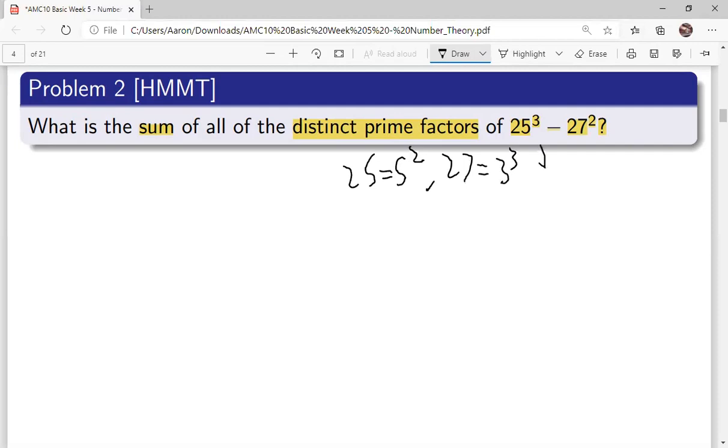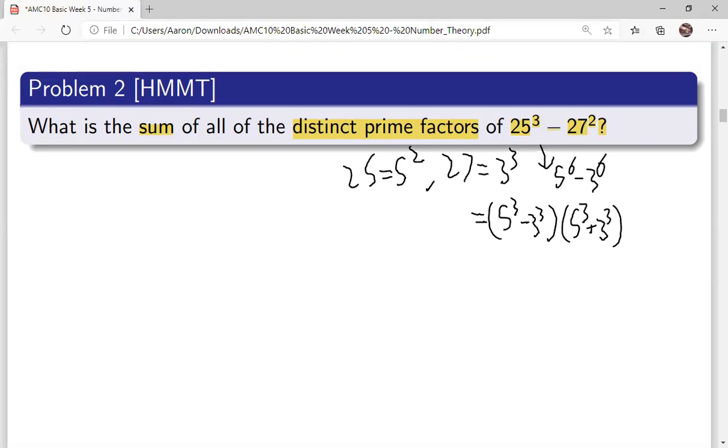So you can simplify this down to 5 to the 6th minus 3 to the 6th. And by difference of squares, you have that this is equal to 5 cubed minus 3 cubed times 5 cubed plus 3 cubed.